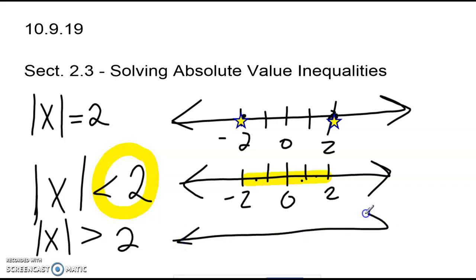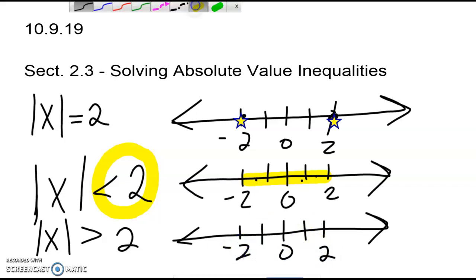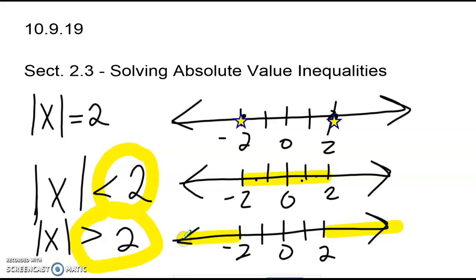So that would have to be from 2 out, correct? Because all of those numbers' absolute values are greater than 2, as well as negative 2 in that direction. Because if you took a negative 3, for example, the absolute value of negative 3 is greater than 2.